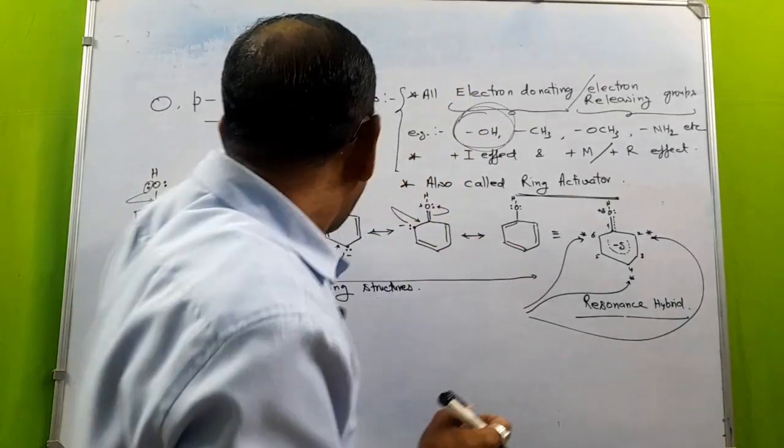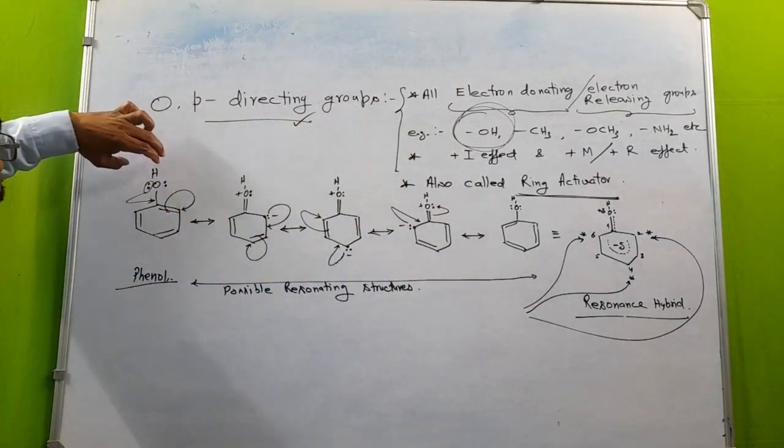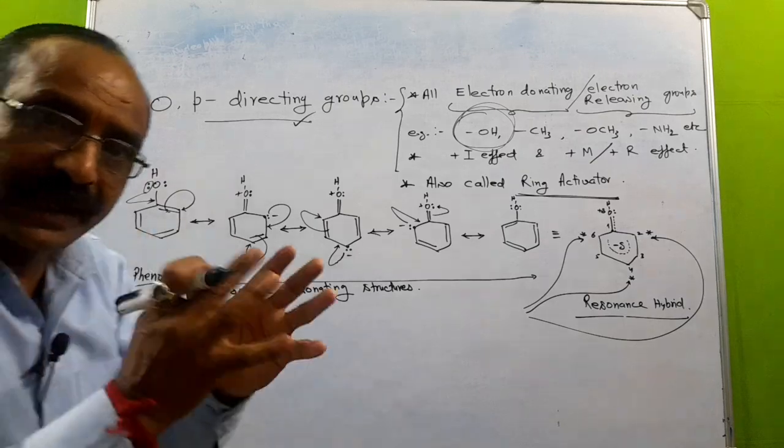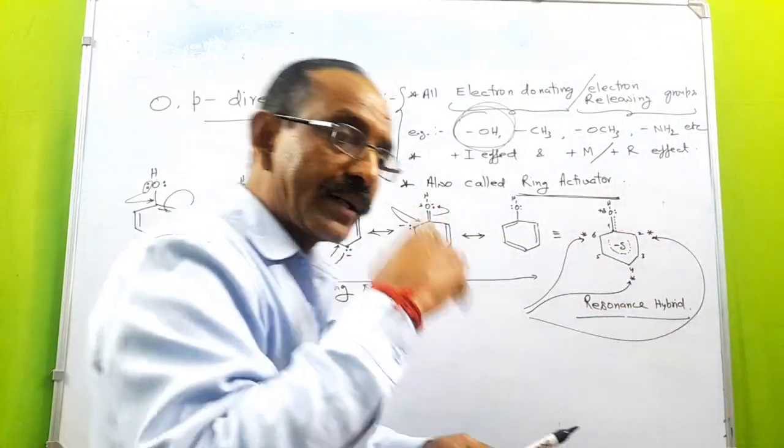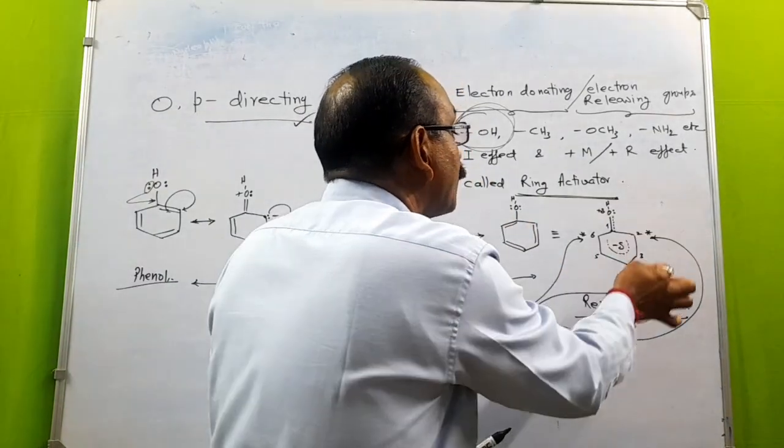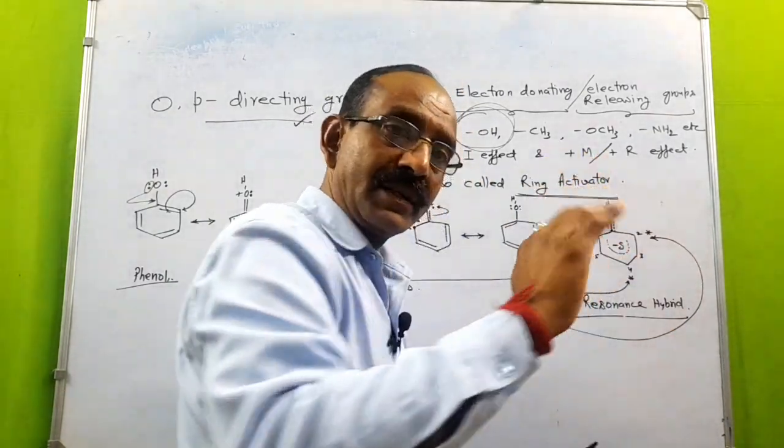Now here, since the electron releasing group is there, it will release the electron, and as a result the electron density over these three positions 2, 4 and 6 increases.